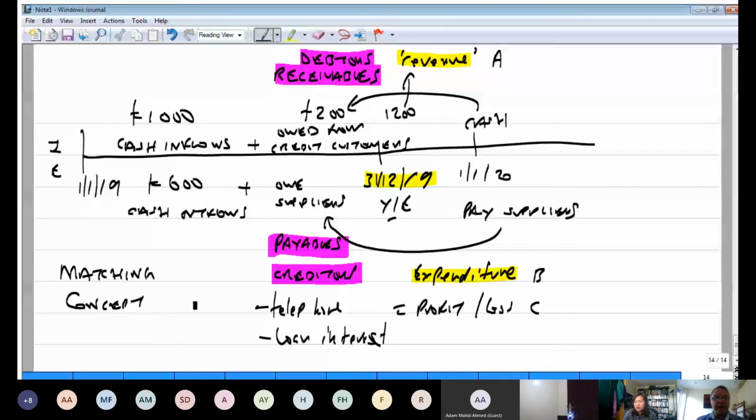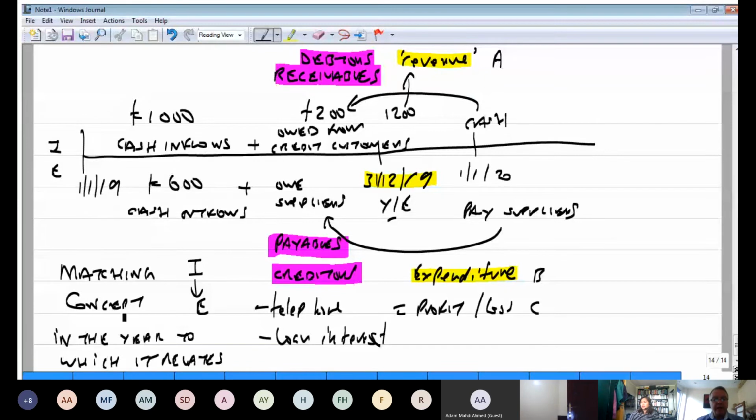The matching concept. You're matching the income with the expenditure in the year to which it relates.